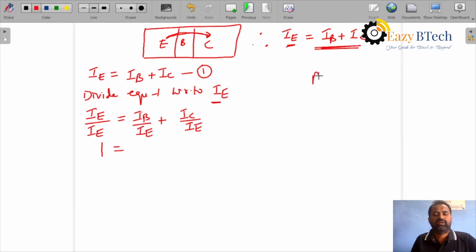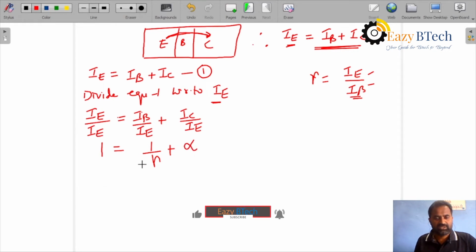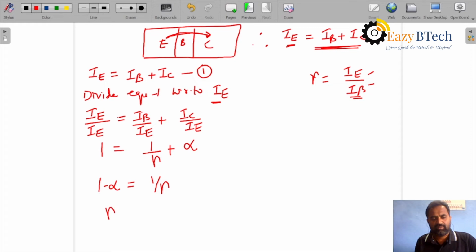Now gamma is equal to output current IE by input current IB. So IE by IB is gamma, and IB by IE can be represented as 1 by gamma, plus IC by IE, where the output current is IC and the input current is IE. This we represent as alpha. From this, you can write 1 minus alpha is equal to 1 by gamma. So gamma is equal to 1 by 1 minus alpha.